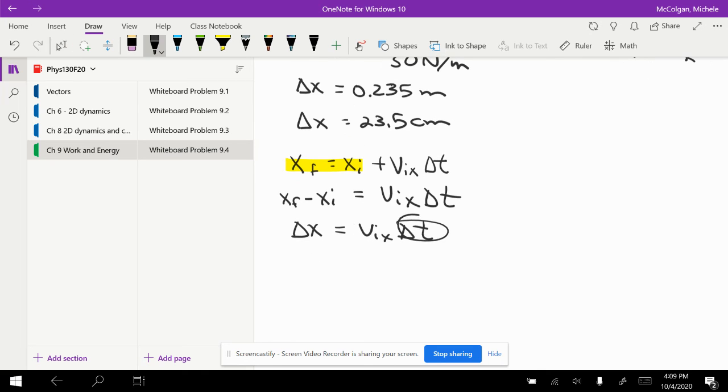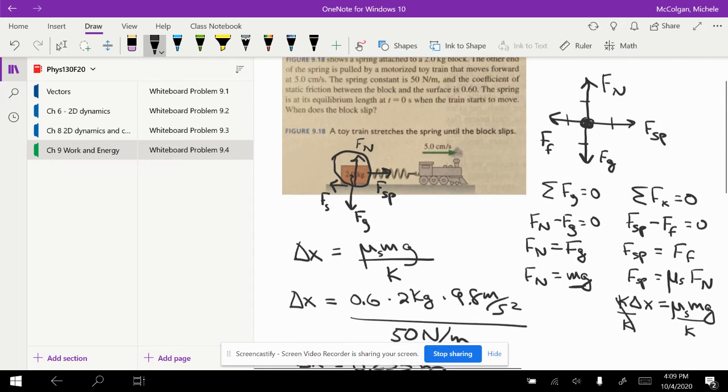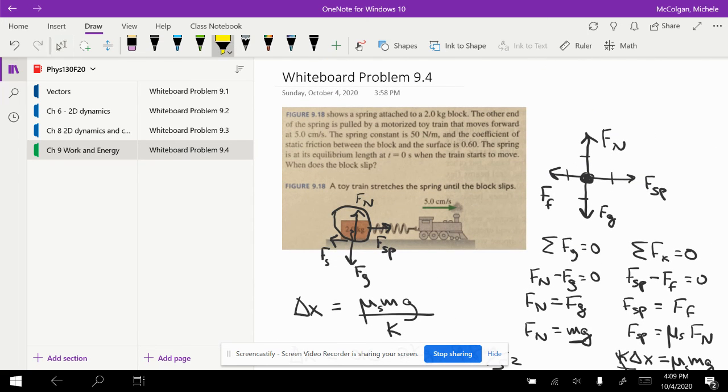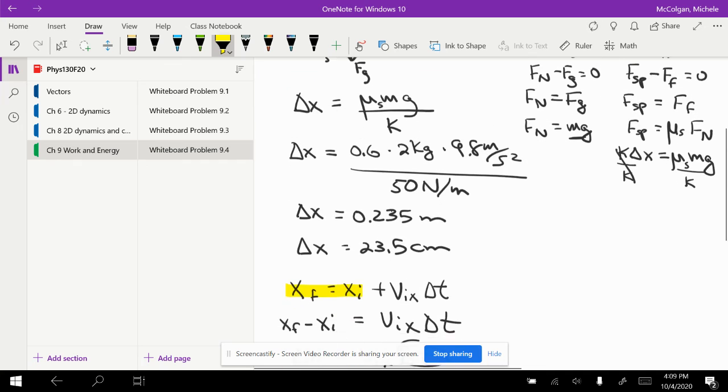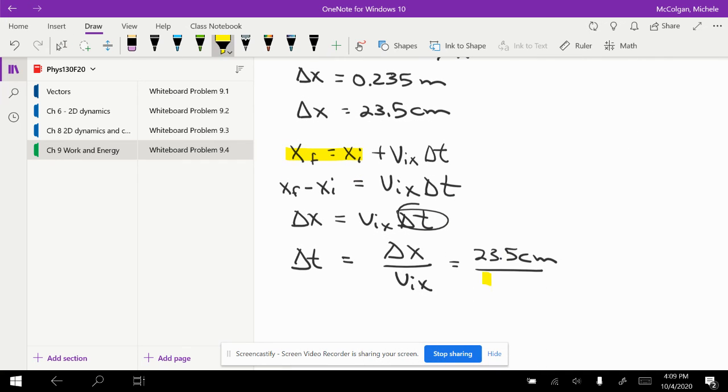I'm solving for delta t, so delta t is equal to delta x over v_ix. Plugging in, I get 23.5 centimeters, and the problem tells me the initial velocity is 5 centimeters per second. So I plug in 5 centimeters per second, and I find that delta t is equal to 4.7 seconds.